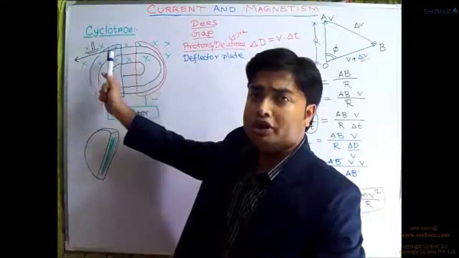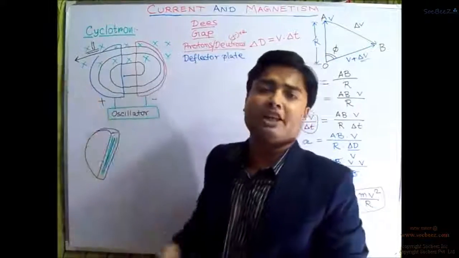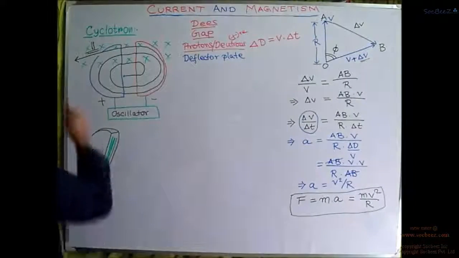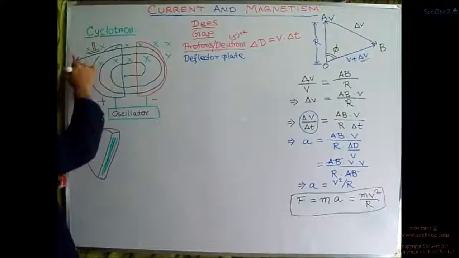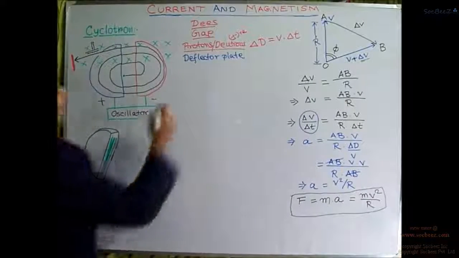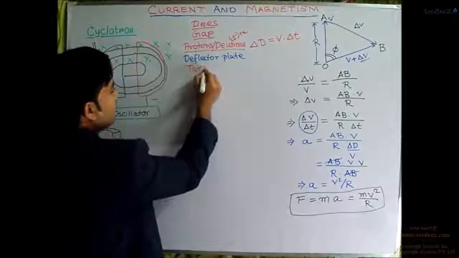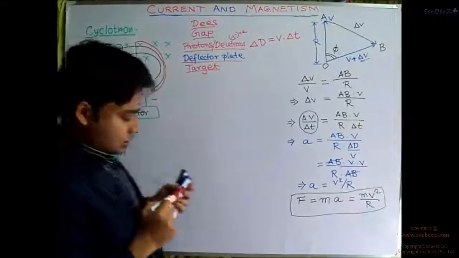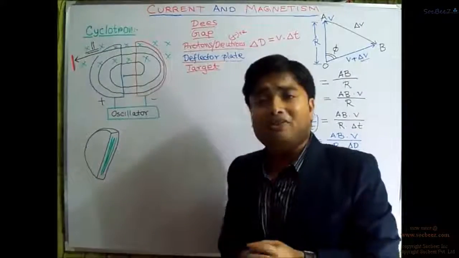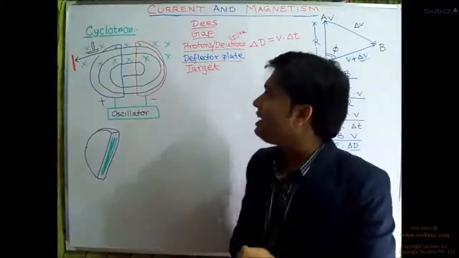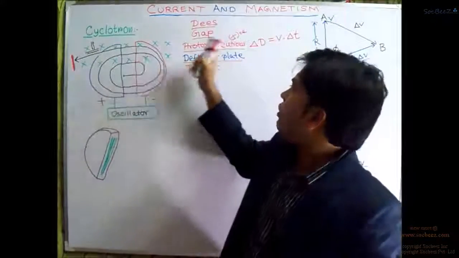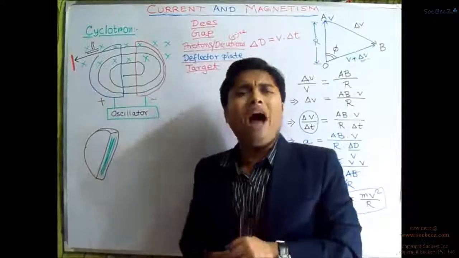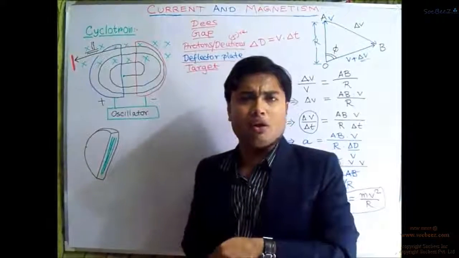Likewise, this proton or deuteron will now fly off tangentially, and it might be possible that over here something is kept, and this thing is known as the target. So this cyclotron is devised such that the protons or deuterons actually hit this target.